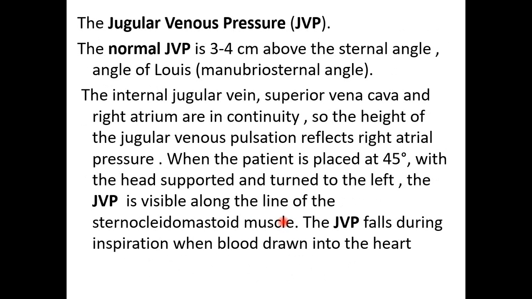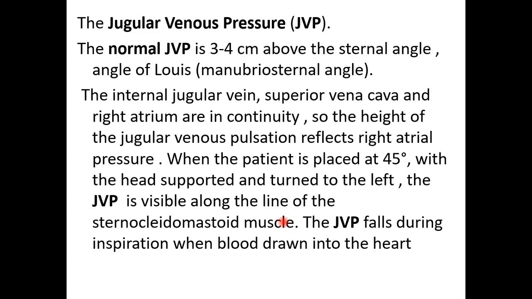The jugular venous pressure, JVP: we must also measure the jugular venous pressure. If we find a prominent or elevated JVP, for example in a patient with congestive cardiac failure, we must see how high the JVP is. Normally the JVP is 3 to 4 centimeters above the sternal angle, which is the angle of Louis or manubrium sterni.